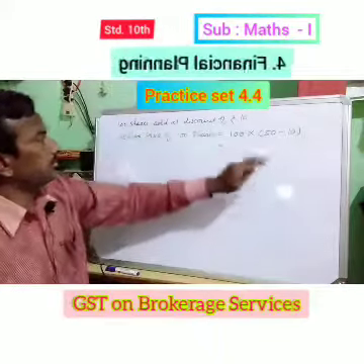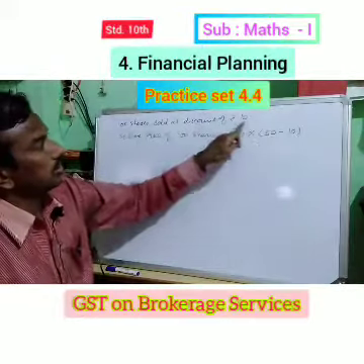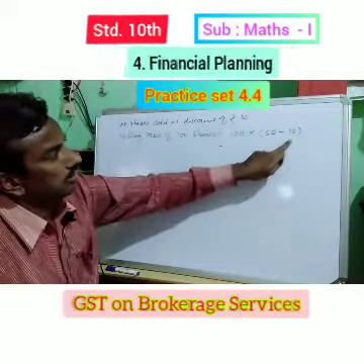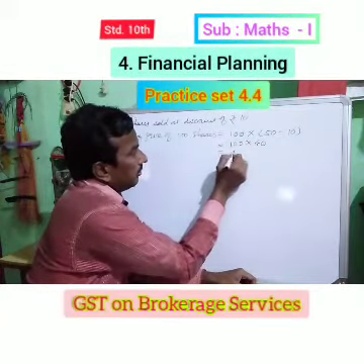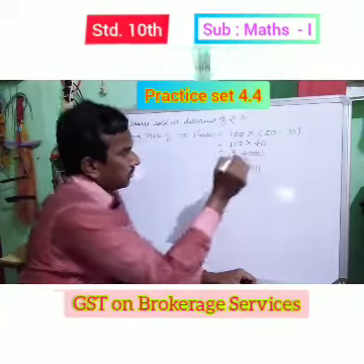Face value of share is 50 and discount given rupees 10, therefore it is 50 minus 10, means 40, means 100 into 40, it will become rupees 4000.